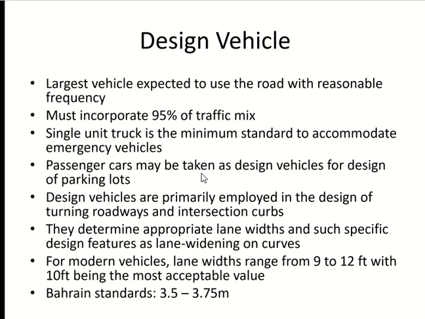The turn has larger lane width. Why? Because of the heavy vehicles, the large vehicles. Large vehicles cannot make a turn in a circular way. They need more space. Everybody got this point?